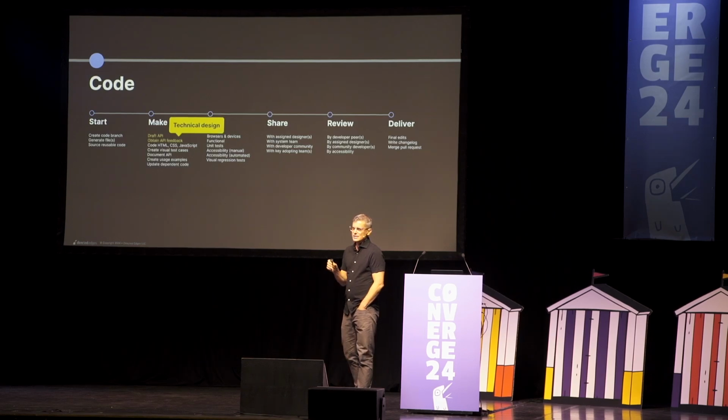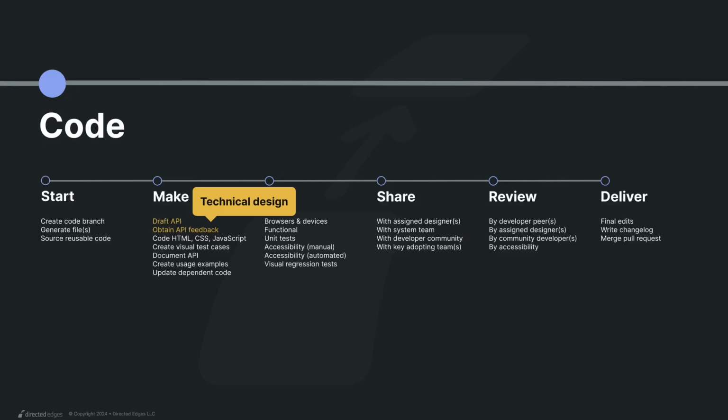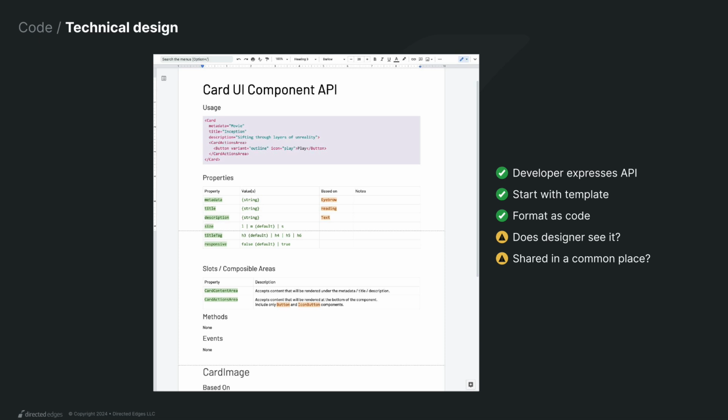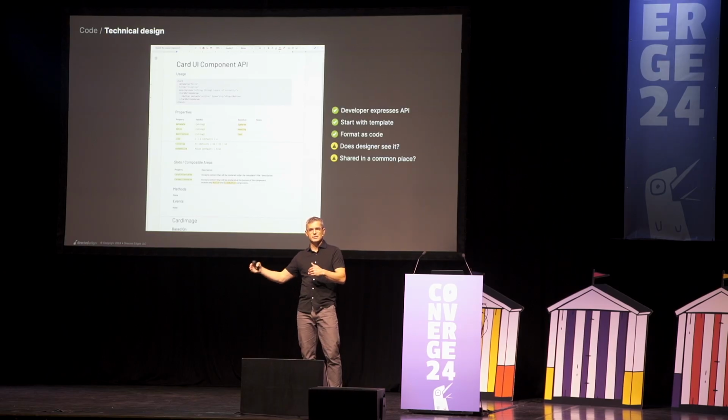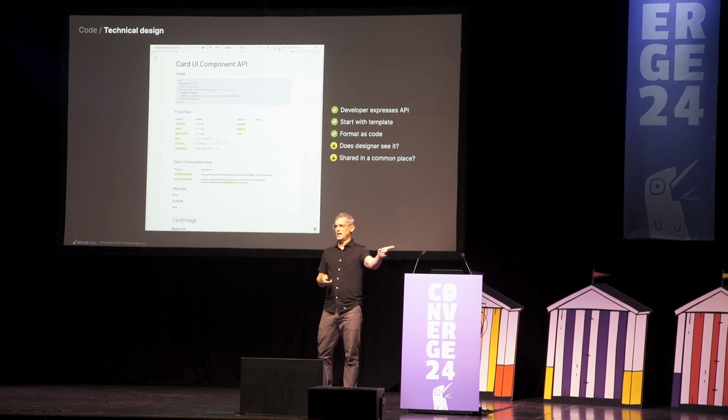The other thing is, notice in that make column, there's a draft API and obtain API feedback. To me, that is a healthy behavior that I see in developers to actually just scaffold up what do you think it's going to look like? Your usage, your props, your slots, etc. As a first take. Like, you don't have to wait until the review process or VQA of a coded component to realize, wow, we've really diverged from where the design thought we were going to go, and that Figma asset is totally different now.